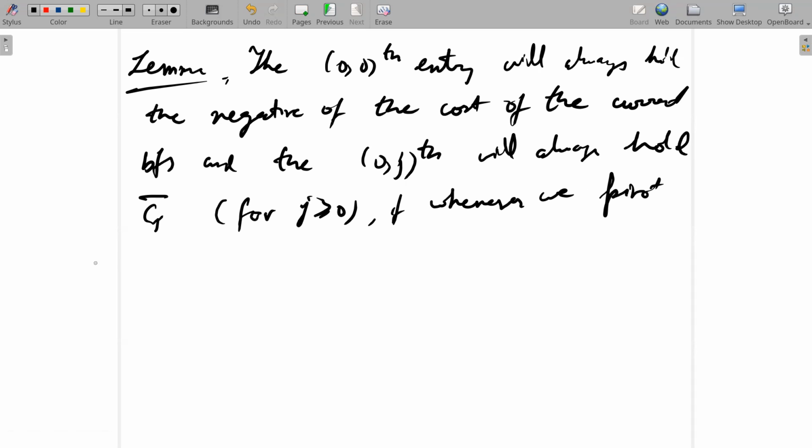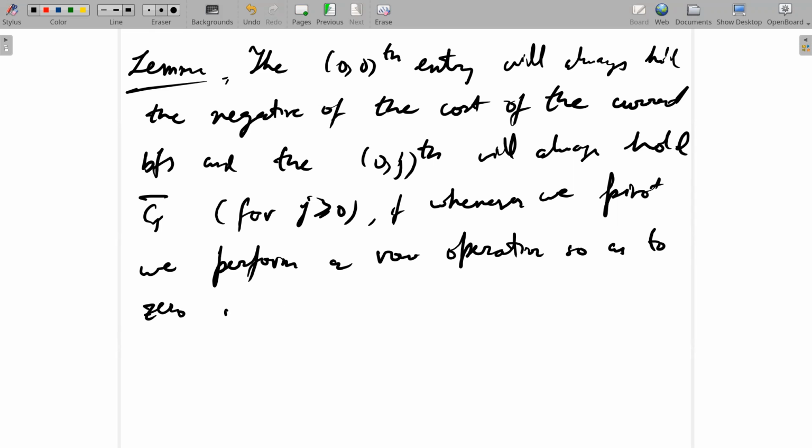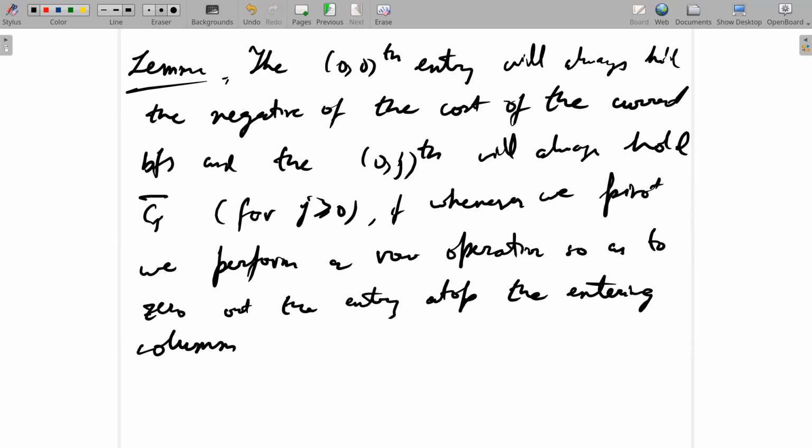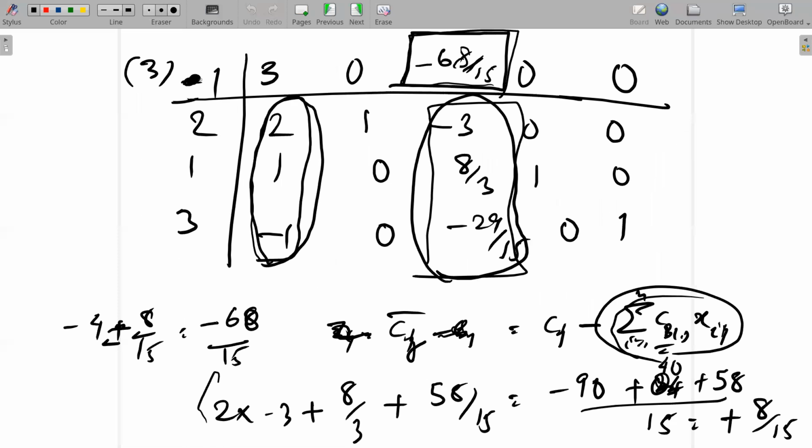So essentially it's just saying that whenever we pivot, meaning whenever we're trying to introduce a non-basic column, we perform a row operation so as to zero out the entry on top of the entering column.